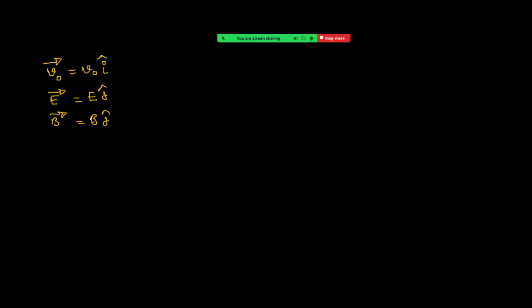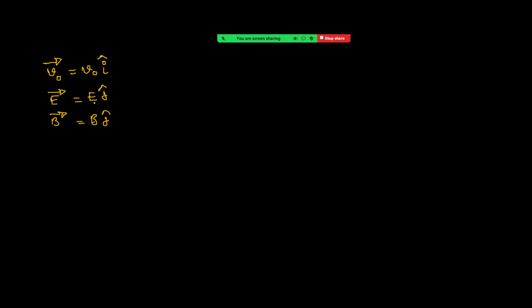Next, see what else. It is given a uniform electric field, charge q, mass m. Find the velocity of the particle at time t. Let us now focus on how to start the problem. First focus on what happens because of the electric field. Since the electric field is along the y-axis, it is normal to the velocity vector. Therefore, this component of velocity does not change.